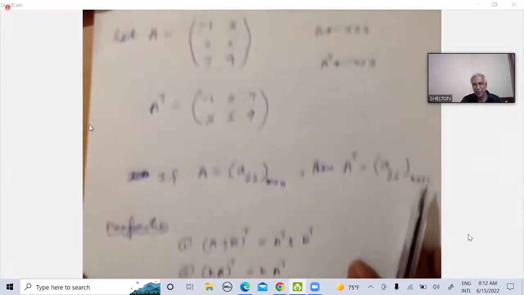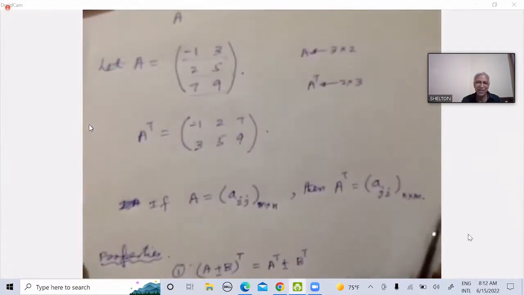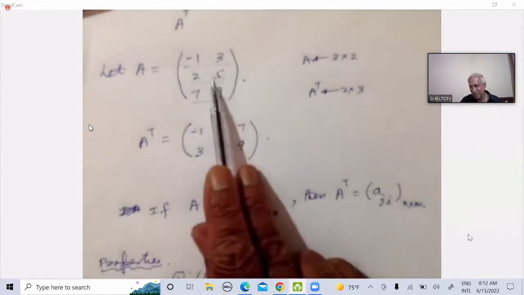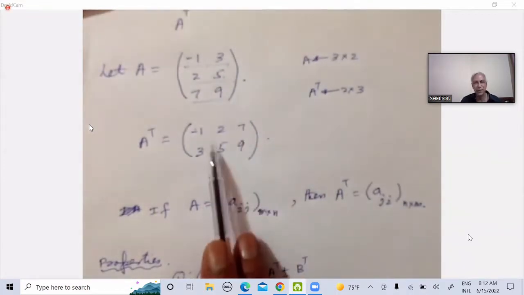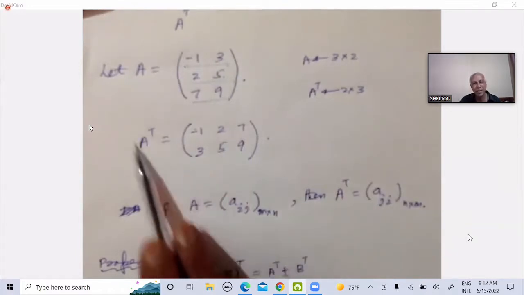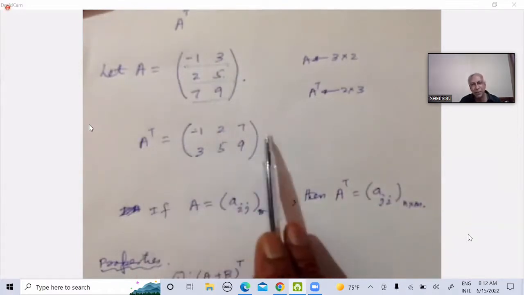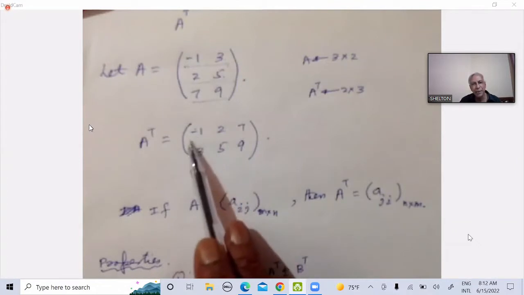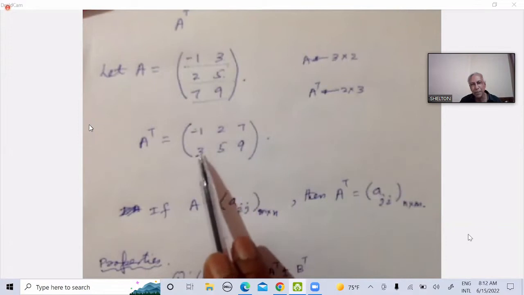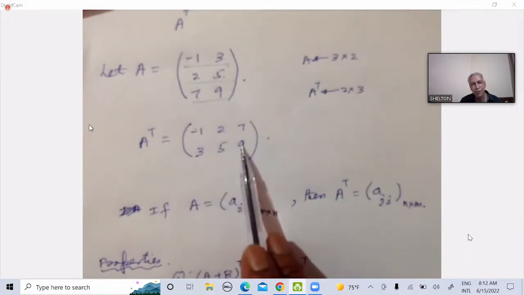Now go to this example. If A is this, we wrote A transpose. Now what is the transpose of the transpose? If you take the transpose of this again, you interchange rows and columns. First row becomes first column, second row becomes second column.